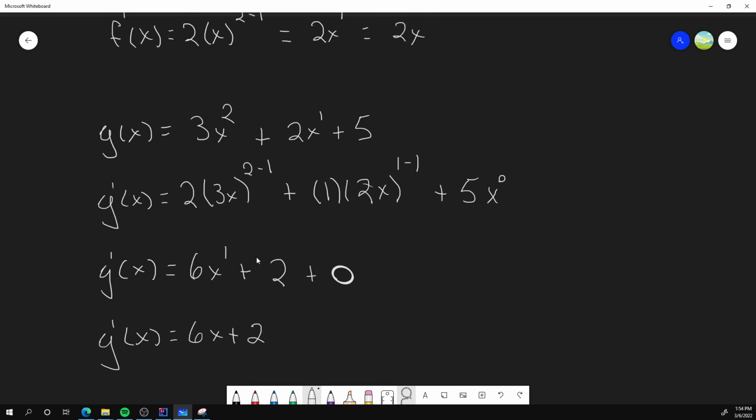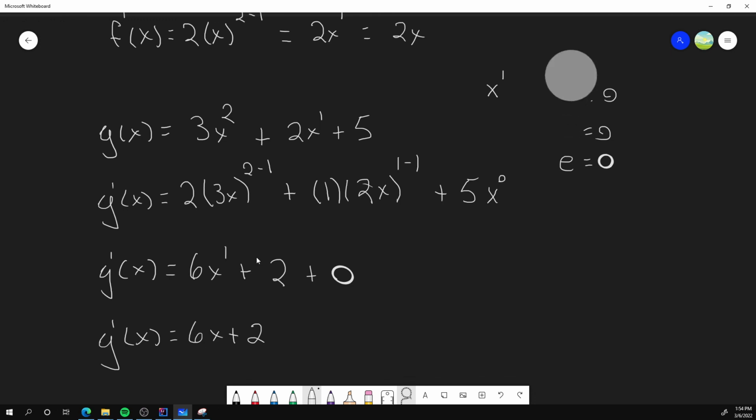And so to save yourself some time, if the function is either x to the power of 1 or a constant such as 5, well, we can immediately say that any constant, no matter what it is, the derivative is equal to 0. So we could say pi equals 0, e equals 0, etc. Any constant's derivative is equal to 0.